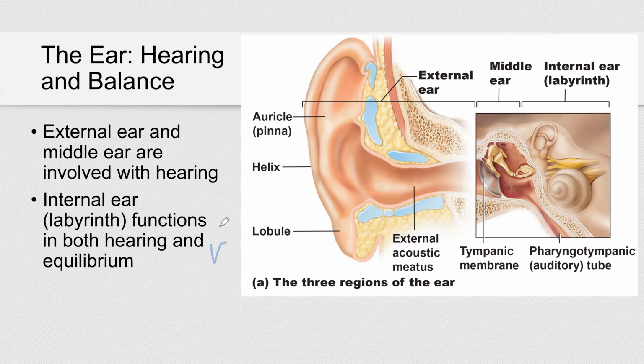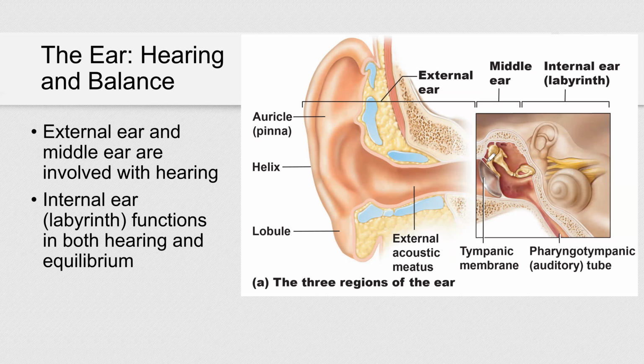Now, the external ear has several parts. Some of them you need to know. The ear itself is called the auricle. The helix is this border. This is the lobule. This is the external acoustic meatus, or auditory canal. That's the external ear.